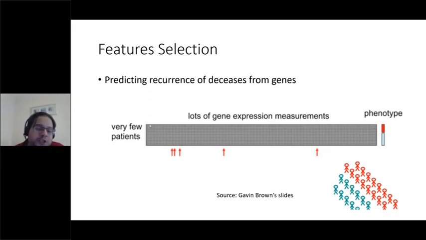But we have tons of genes. I don't even know the number. And generally, to predict the recurrence of the disease, only a few genes are responsible for it. Maybe just these 5 genes. All the rest cannot predict it. Only these 5 genes can do it.